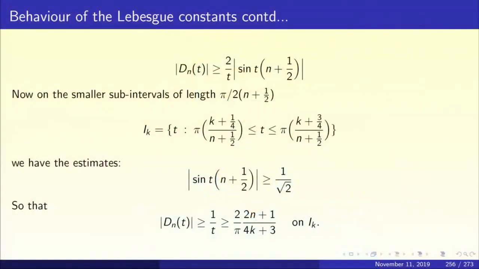So |D_n(t)| is greater than or equal to a constant times 1/t, because what happens is that you will be left with the √2 in the denominator.